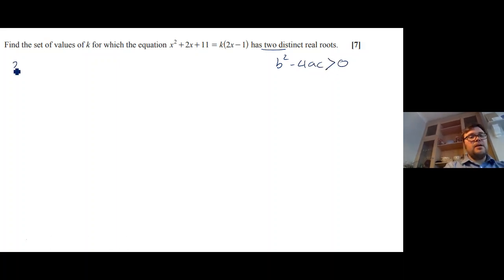Exactly the same thing. We're expanding it, so it's x squared plus 2x plus 11 equals 2kx minus k. We now need to put it equal to 0, so it's x squared plus 2x minus 2kx plus 11 plus k equal to 0.